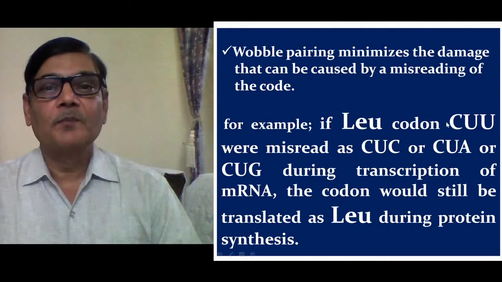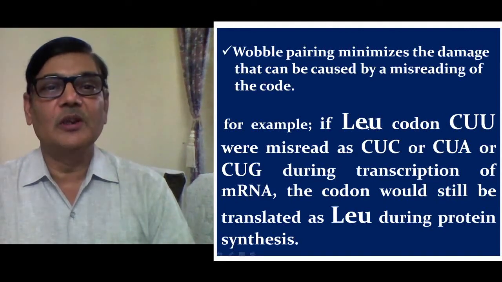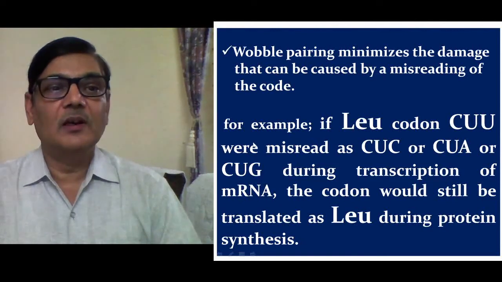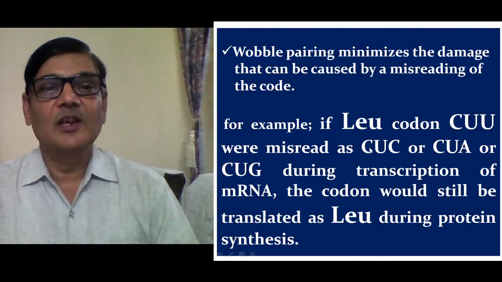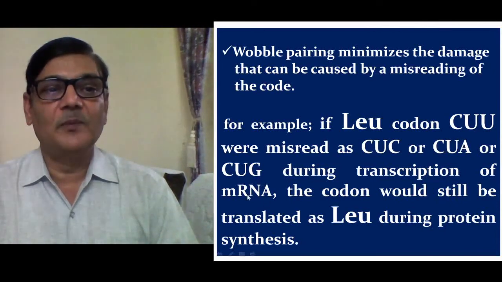So if it is CUU, then it will be identifying leucine. But if it is being misread as CUC or CUA or CUG, the codon would still be translated as leucine during protein synthesis.